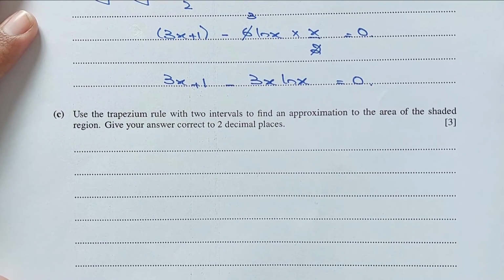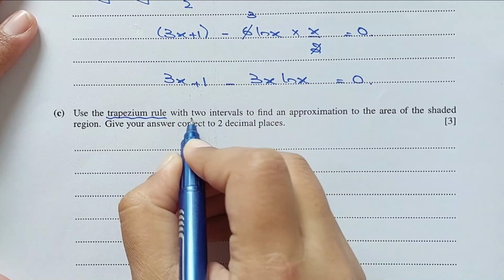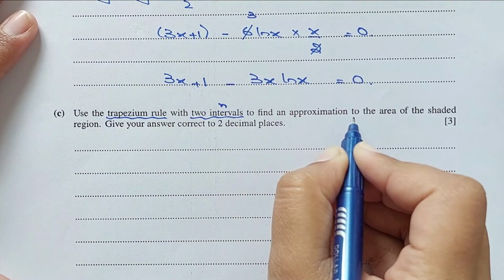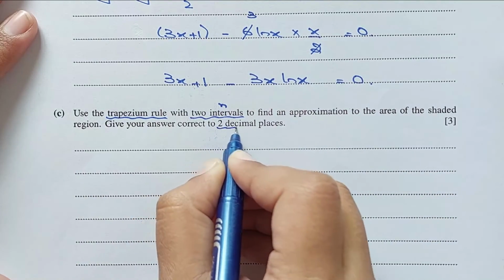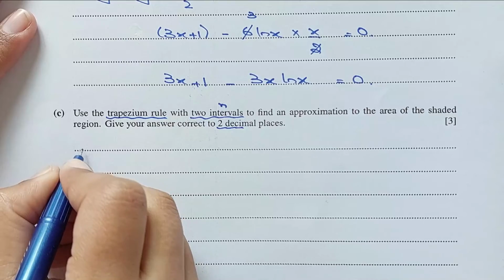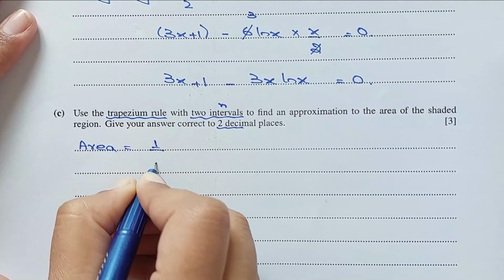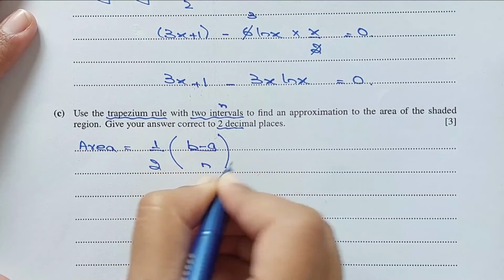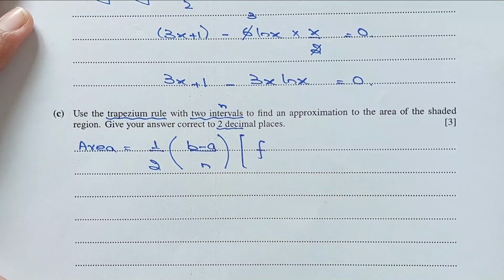Now for part C, use the trapezium rule with two intervals and values to find an approximation to the area of the shaded region. Give your answer correct to one decimal place. So the trapezium rule, we have to find the area. The formula is 1 by 2 times (b minus a) over n, and function values.